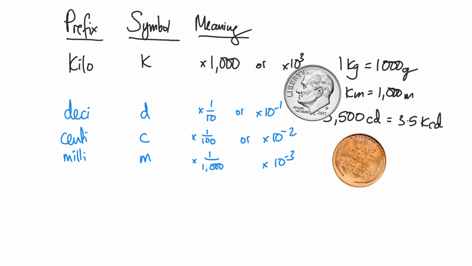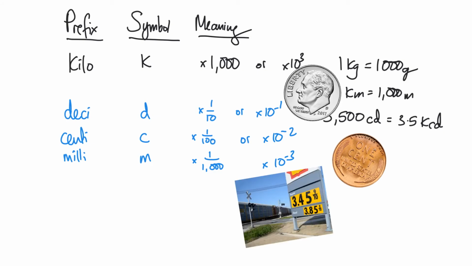If you're thinking there's no such coin as a thousandth of a dollar, you're quite correct. But if you've ever looked at a gas station price, you'll often see a fractional part. So this would be the $3, this would be 4 dimes, this would be 5 pennies, and you would see 9/10ths of a cent, or 9/1000ths of a dollar. And so this is the mill part right here.